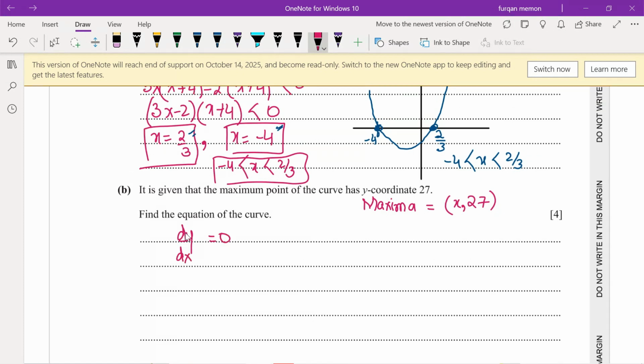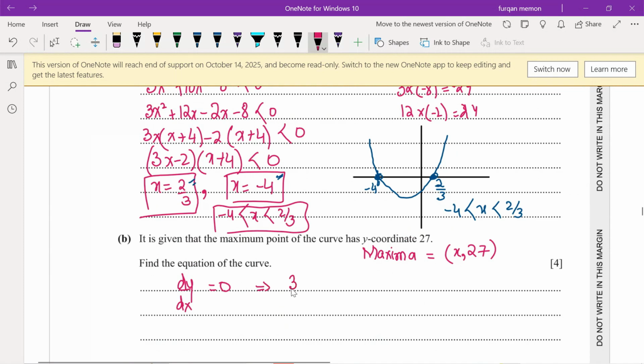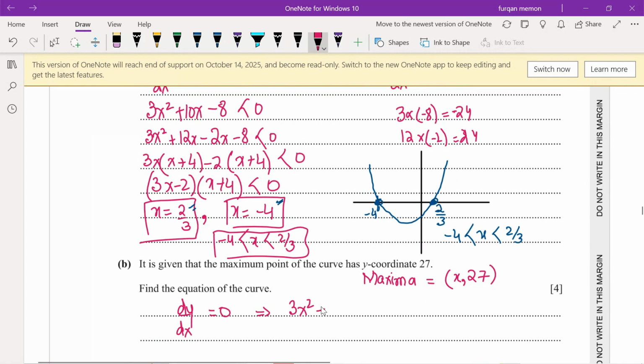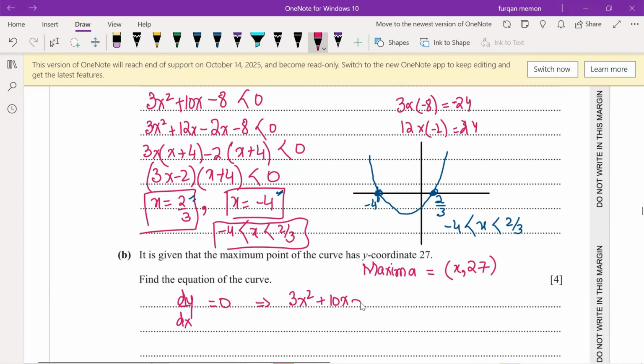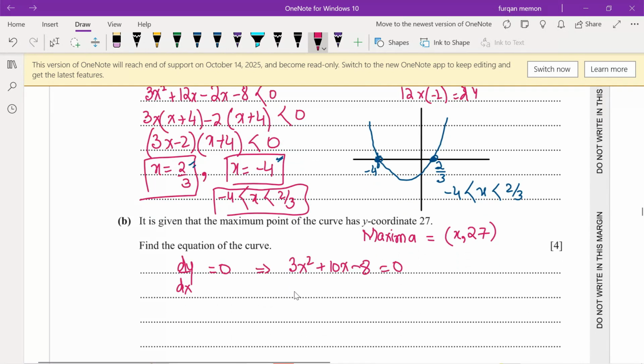So dy over dx is already given, which is 3x square plus 10x minus 8 equal to 0, and when we solve it, x equals 2 over 3 and x equals negative 4.